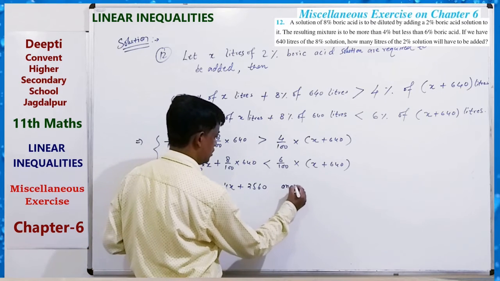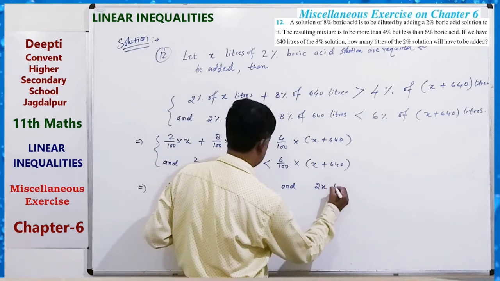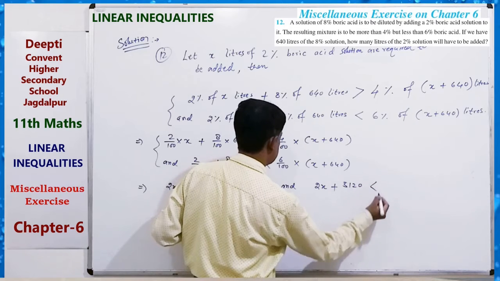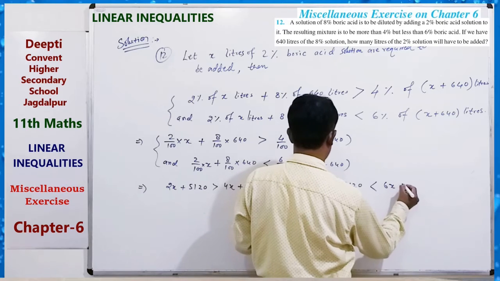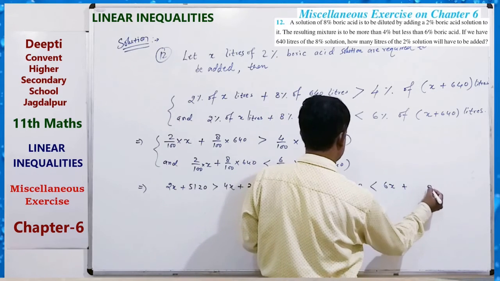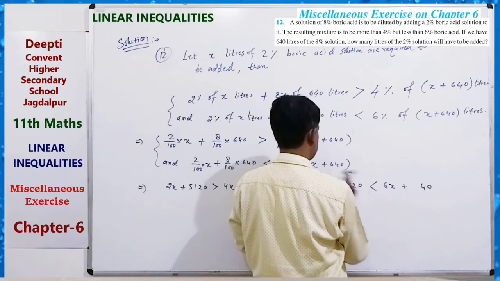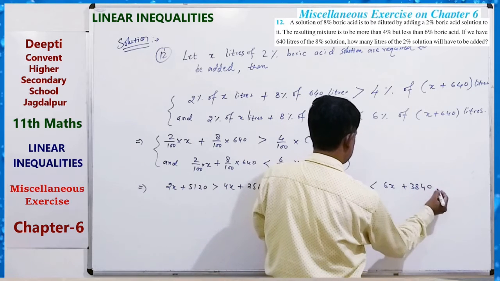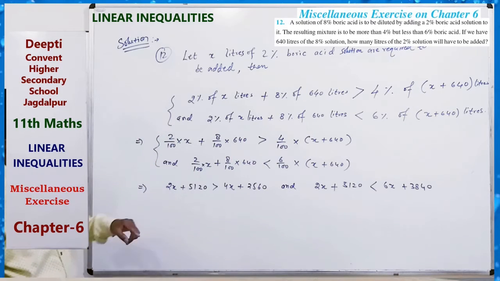And second, 2x plus 5120 is less than 6x plus 6 into 640.